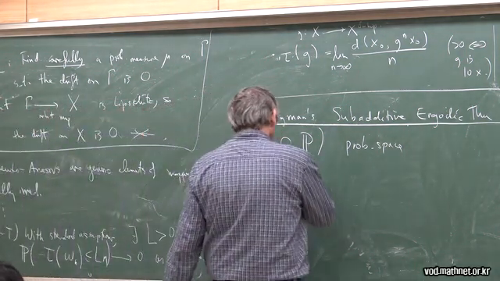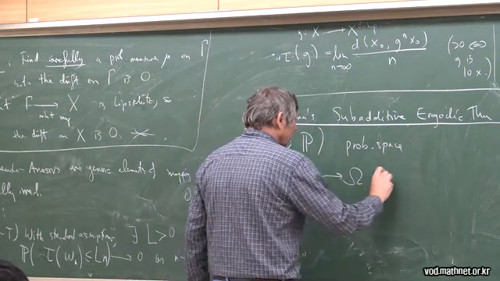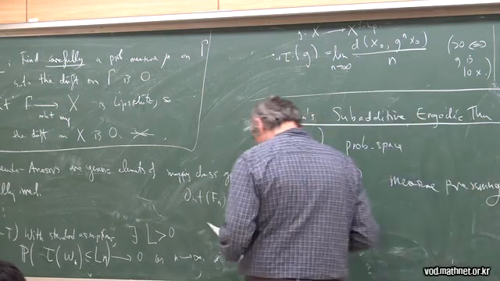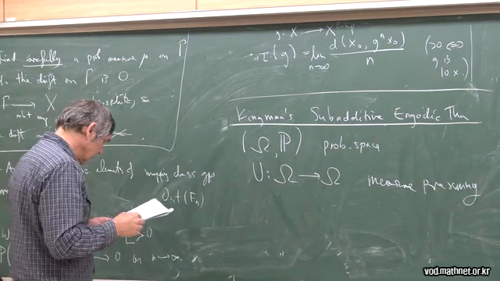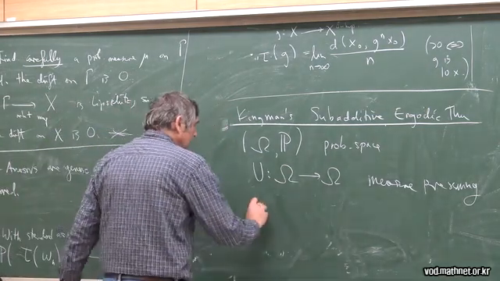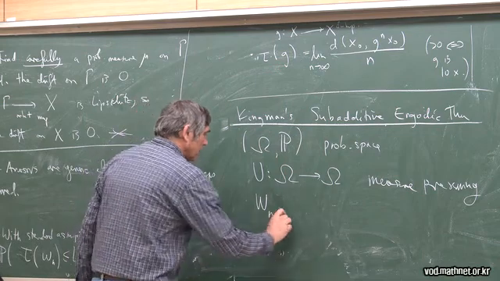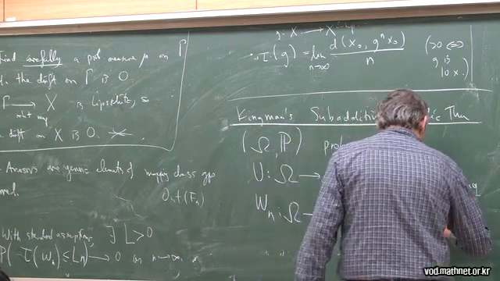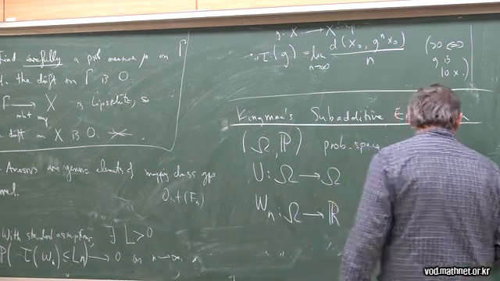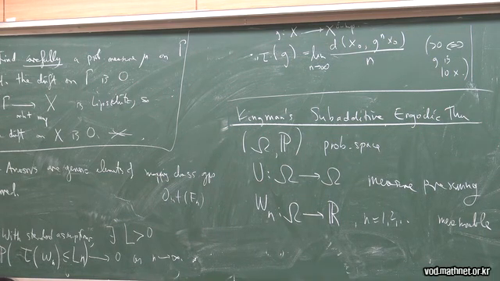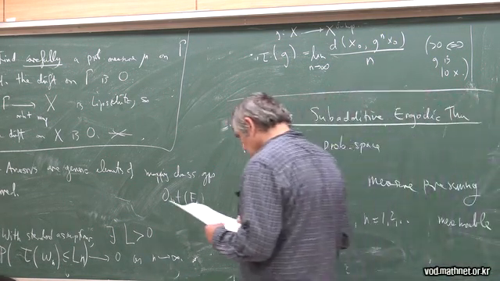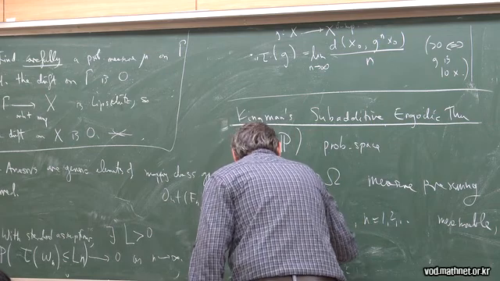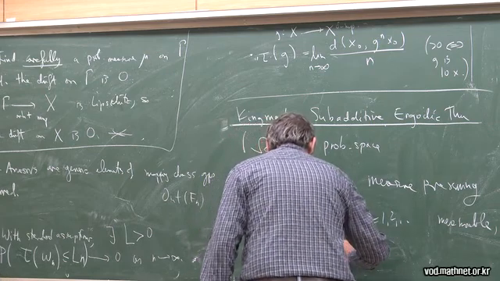And u is going to be a measure preserving transformation. Then we'll have a sequence of functions from Omega to R, W_n for n equals 1, 2, and so on. These are all going to be measurable functions. And not only that, but I also want them to be integrable. That is, the integral should be finite. Or, I guess it's enough to just assume that W_1 is integrable from the next condition.